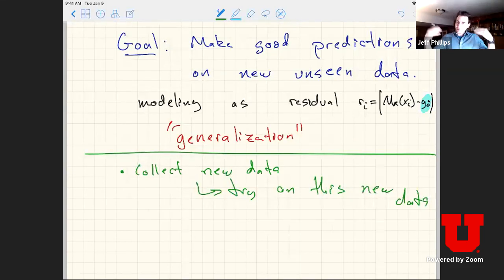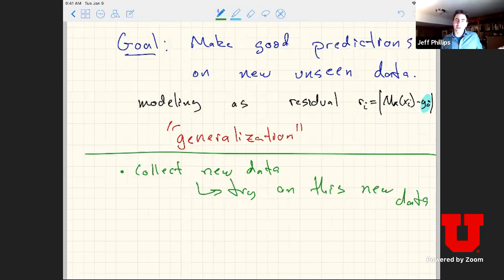And they built a model that on the last 10 presidential elections was able to predict who was going to win. Well, how is this going to do on the next election? You have to wait for the next election, but it's not useful after the next election. You might want to know before the next election. So it's not necessarily useful to wait to try it on new data.